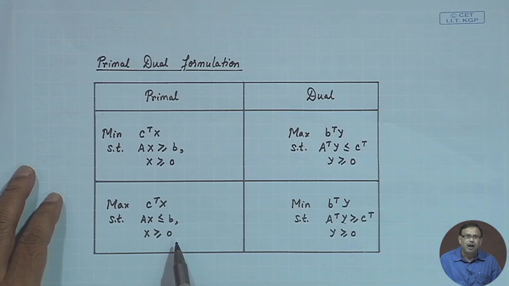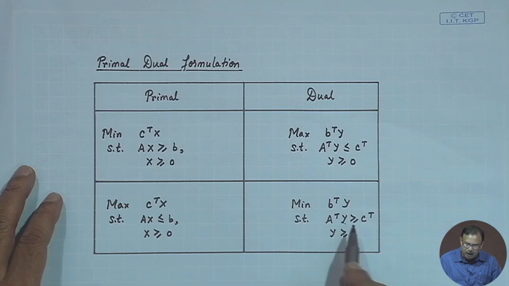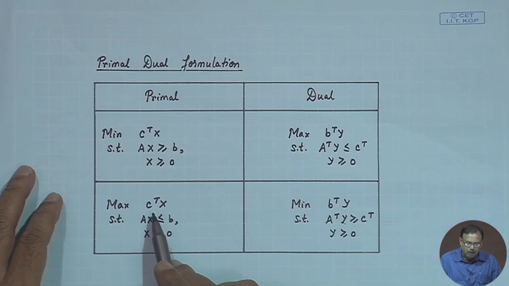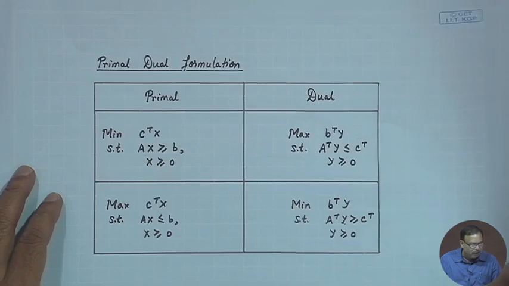So, please note that if the original primal problem is maximization, its dual will be minimization, whereas in the subject to condition, if Ax is less than or equal to b, in that case greater than or equal to constraints will come, and this coefficient will be from the objective function, that is, A^T y greater than or equal to C^T.